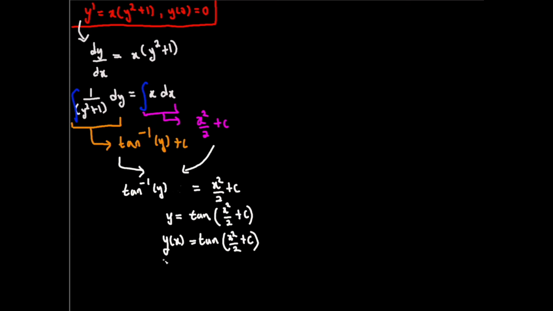So if we plug in 0 into this equation, we get y of 0, which is 0, which equals tan of 0 over 2 plus c. Okay, so if you take tan inverse of both sides, we get 0 equals c.